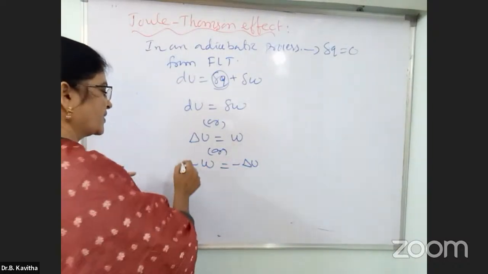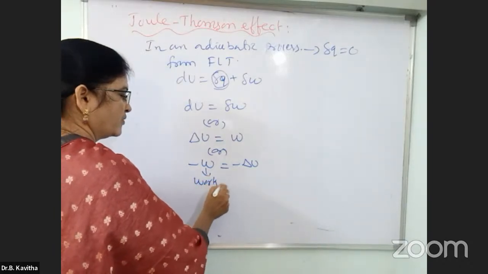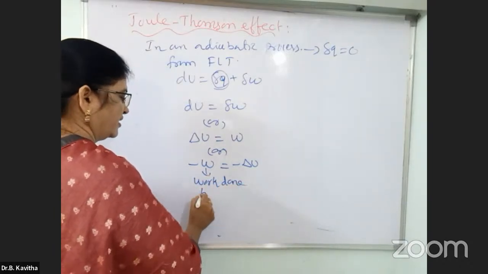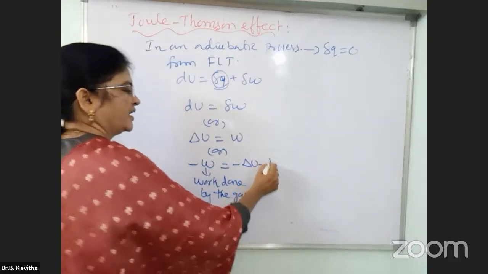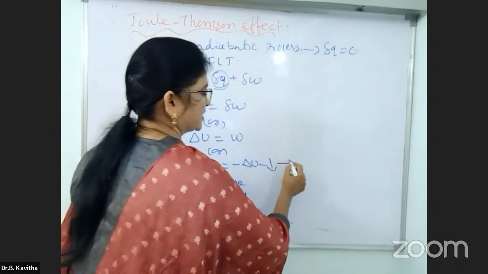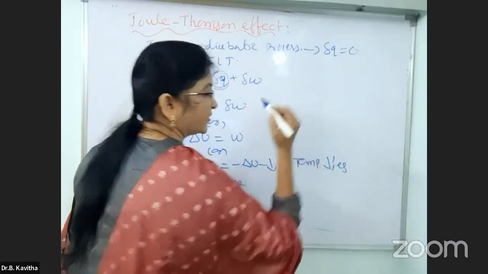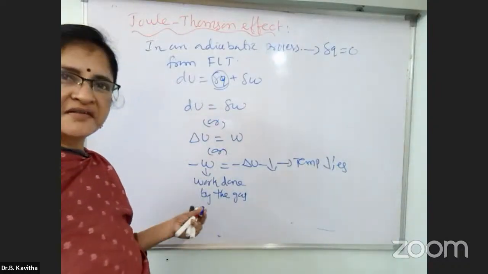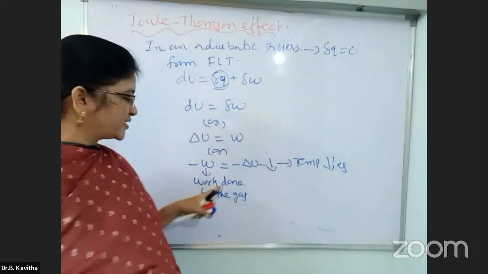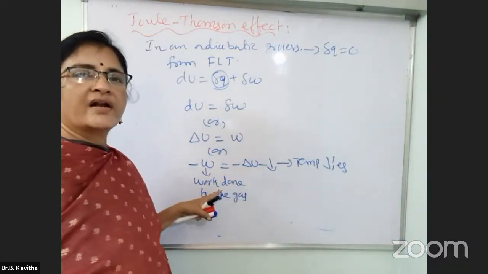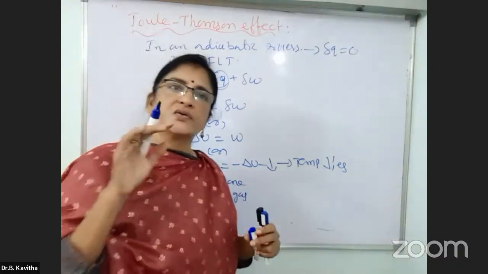So minus w means work done by the gas or by the system, and internal energy is decreased. When internal energy decreases, the temperature of the gas also decreases. This is called the Joule-Thomson effect. Just remember this equation. Work is done by the gas during expansion.